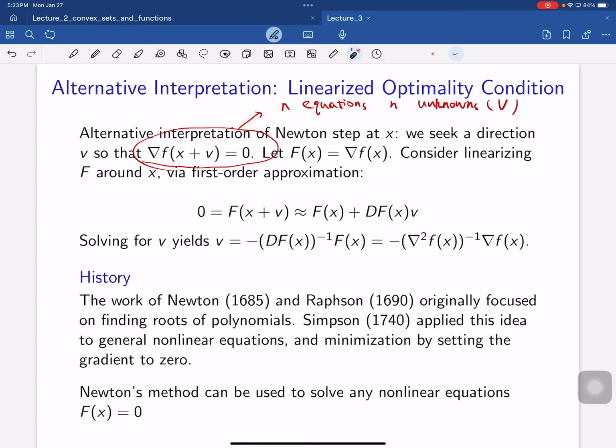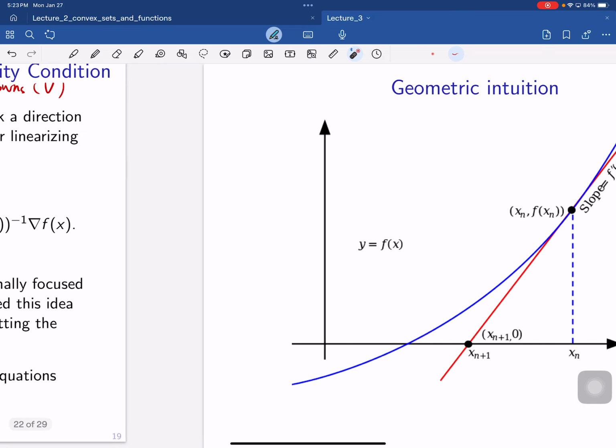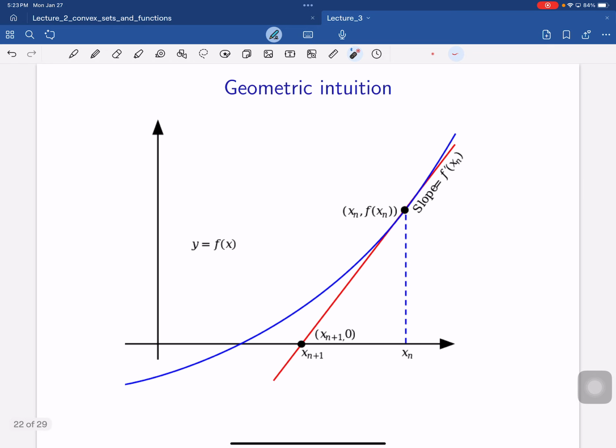If you want to visualize Newton's method for solving nonlinear equations, let's assume we are in a one-dimensional case. I'm trying to find the root of this blue curve here. Suppose I'm at this particular point. What I can do is calculate the slope of this curve, and then intersect the slope with the x-axis.